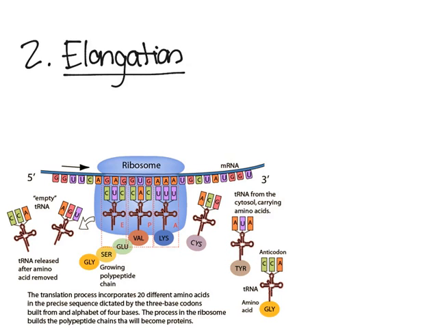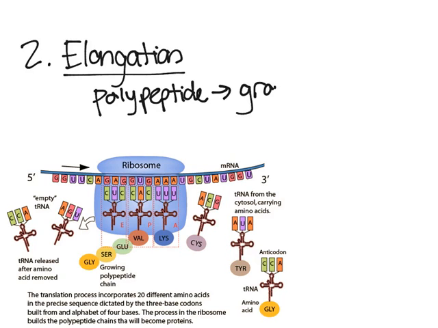And so what occurs here is the polypeptide, which is a chain of amino acids, grows in length. And so what's happening is each tRNA comes in, and then the ribosome moves further along in this direction and keeps adding amino acids on.